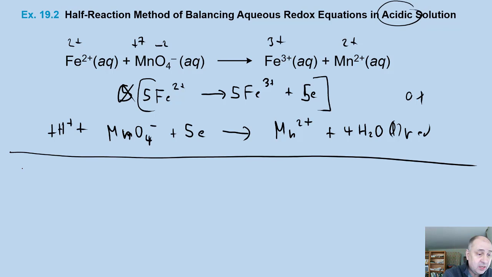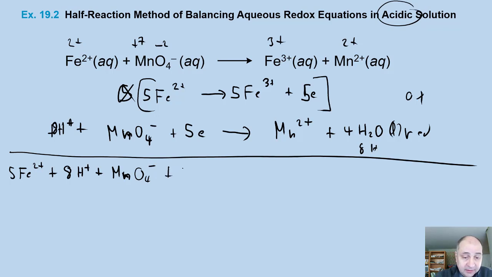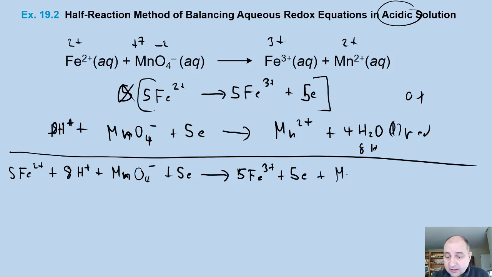We start out with 5 iron 2+, and sorry, I needed to add 8 hydrogen ions on the left, so we have 8 H+, and then the permanganate, and 5 electrons goes to 5 iron 3+, 5 electrons, and then manganese 2+ and 4 water molecules.